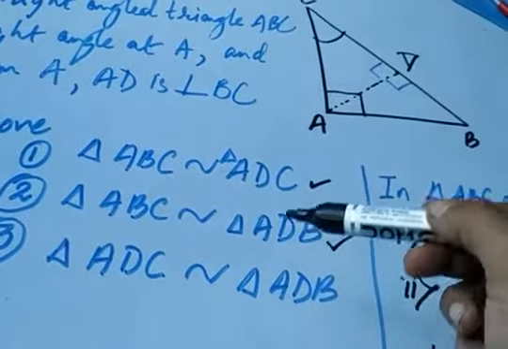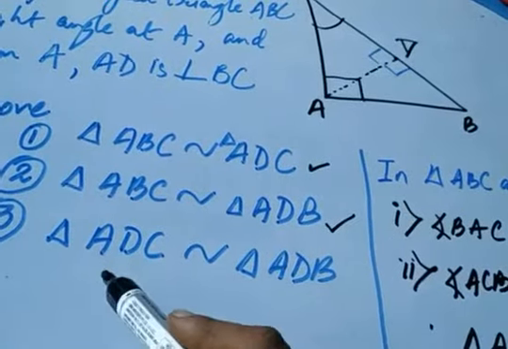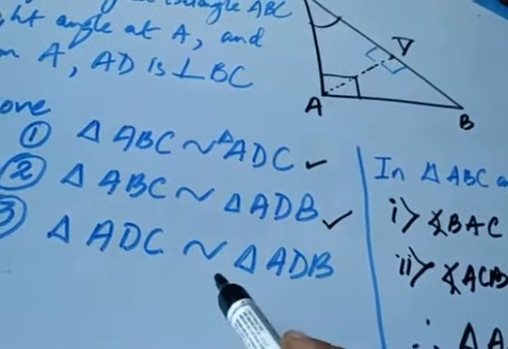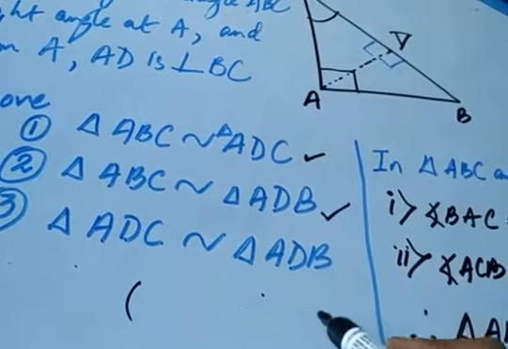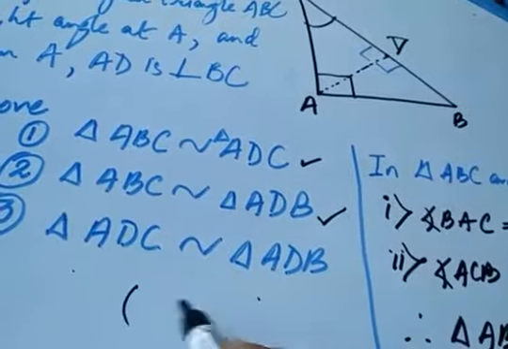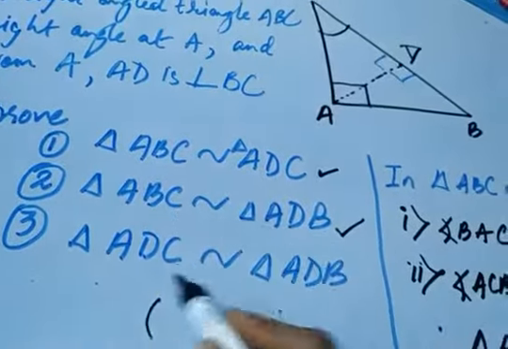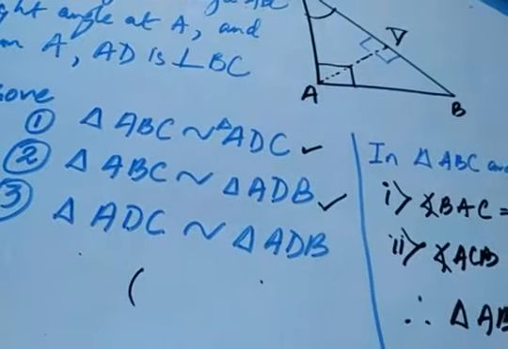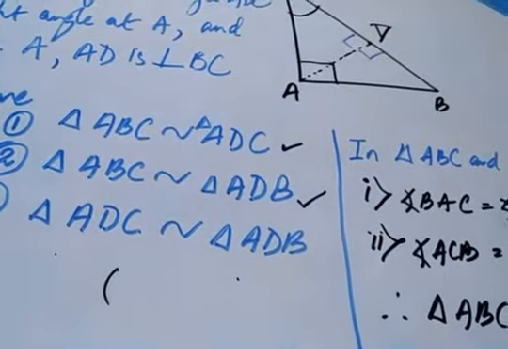Hence we can say from equation 1 and from equation 2 straight away this will be similar to this. So in the last one you only have to write this statement, and you have to write from equation 1 and 2. Or you can say both triangles are similar to triangle ABC. So this is true. Okay, and you'll finish this theorem and write hence proved. Okay, and you'll send me the final solution.